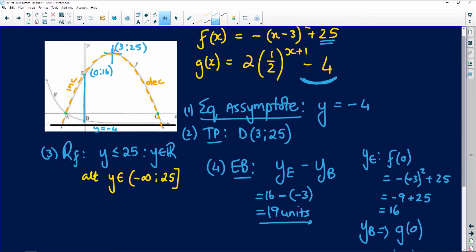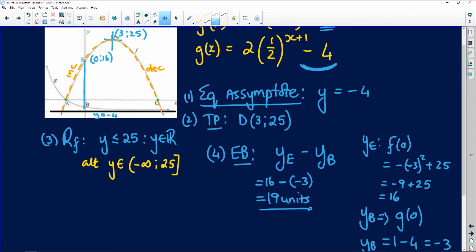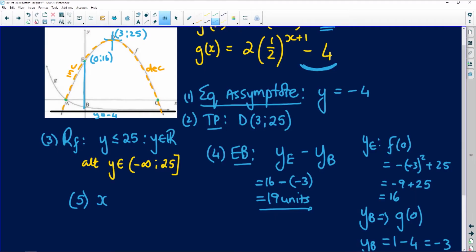So let's give that answer. This is number 5. Number 5 is x must be, it's decreasing, folks, remember, not stationary, decreasing, okay? So it has to go through 0. We do not include the horizontal. So x is bigger than 3.